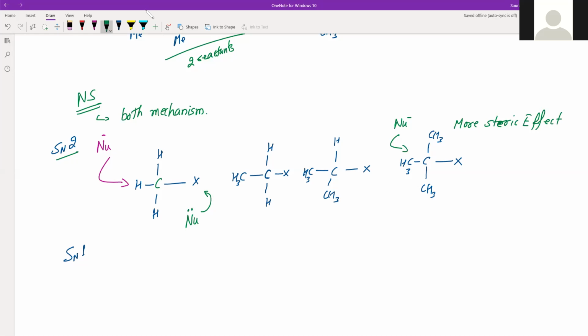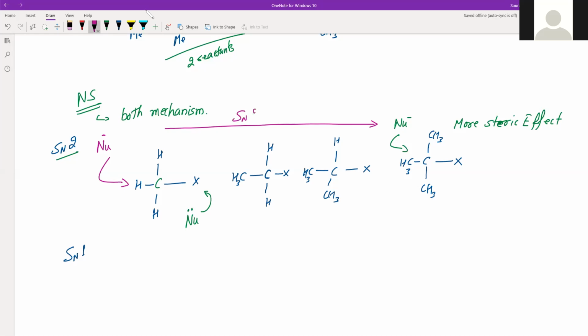So as you move from here to here, steric hindrance increases. And because steric hindrance increases, we say that SN2 reactivity decreases, right?